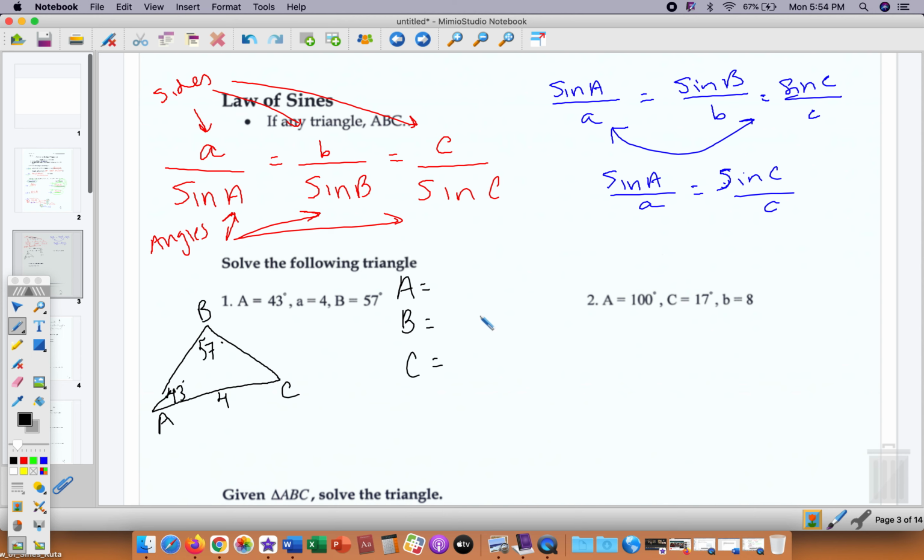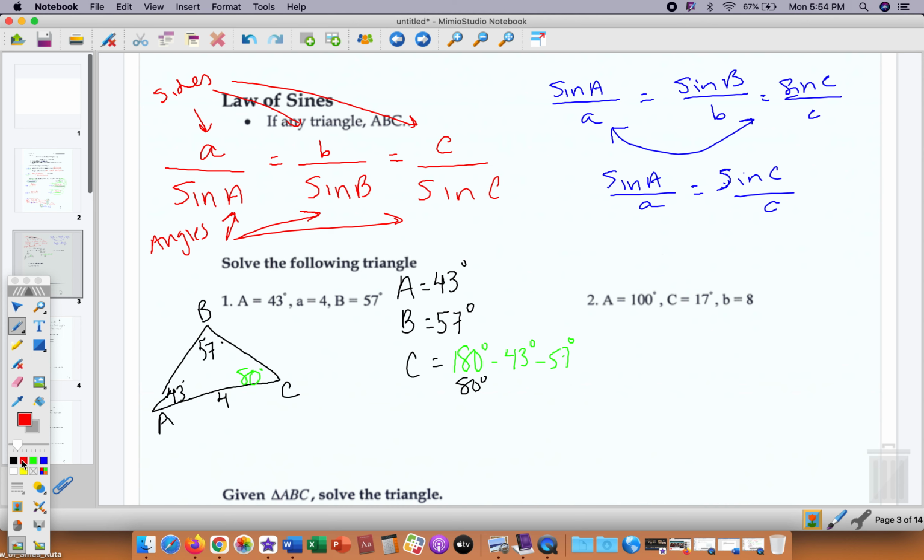So right now we're given angle A is 43 degrees. We're given angle B is 57 degrees. And we can find angle C by taking 180 and subtracting the 2 given angles. So we know that C has to equal 80. So we'll fill in 80 degrees.